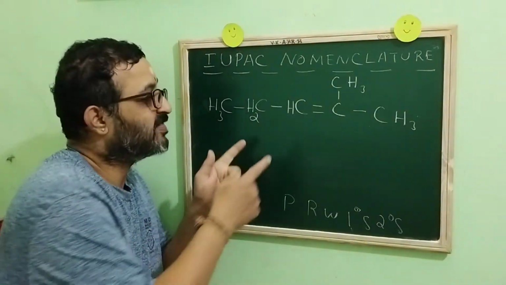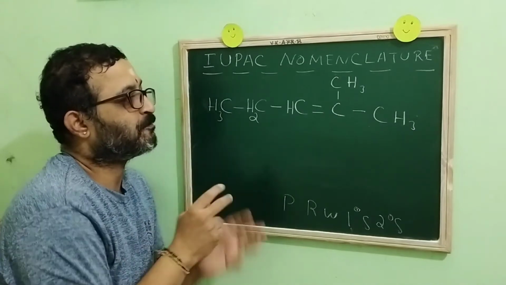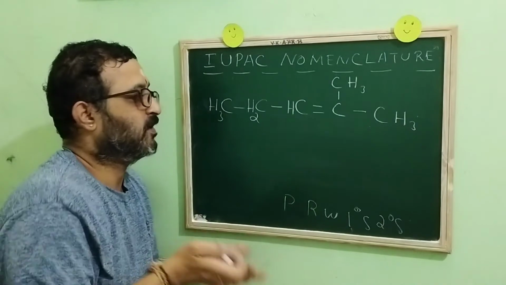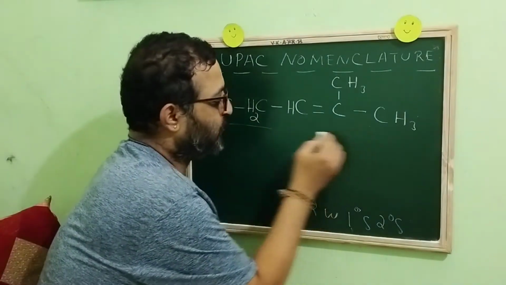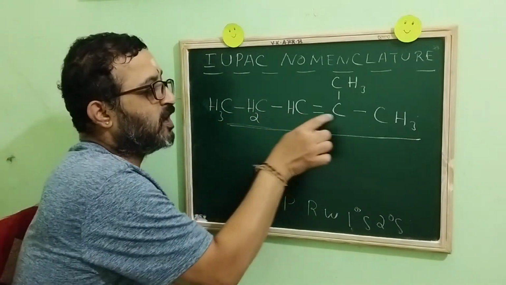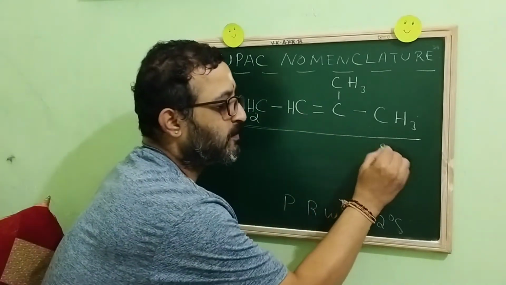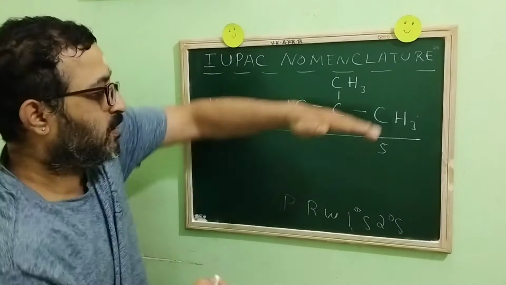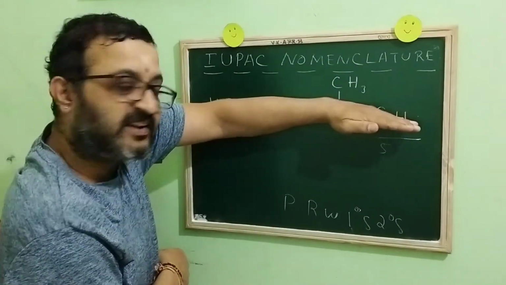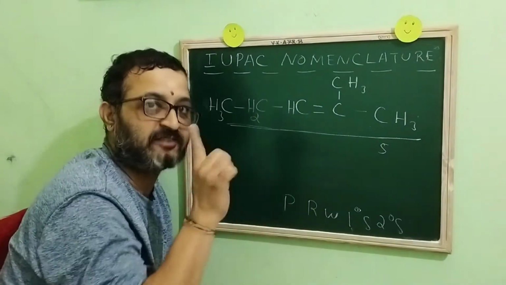Okay, children, this is the next compound. Now, first we have to identify which is the parent chain. Suppose I consider the straight chain as the parent chain, which has how many carbon atoms in it? 5. Then there is one side chain attached, that is a methyl group, case 1.